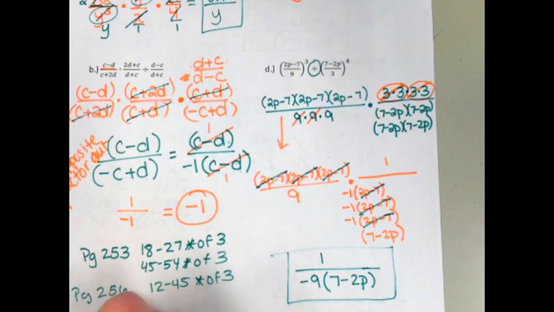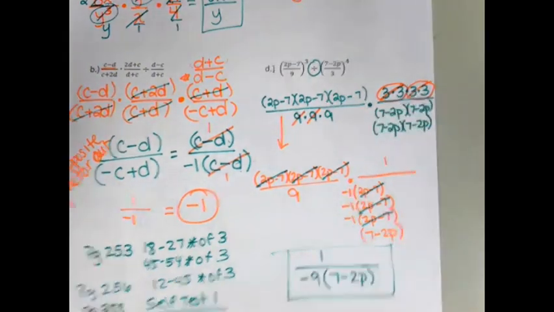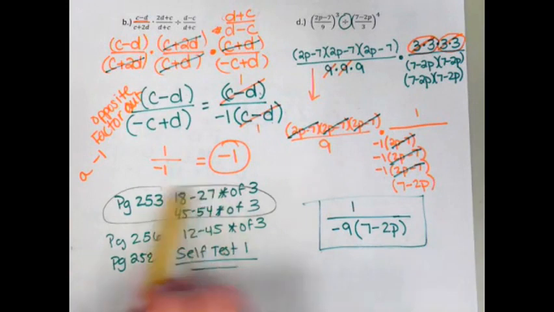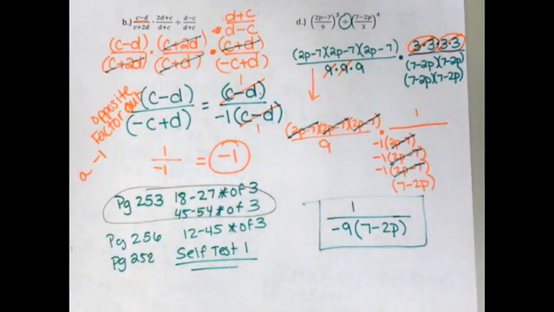And then on page 258, you have the self-test 1 to do. What do you think a self-test 1 is? It's just kind of reviewing everything that you've done, making sure you understand everything from 6.1, 6.2, and 6.3, okay? This is what's new here that's added on since last class. We didn't finish everything from 6.2, okay?